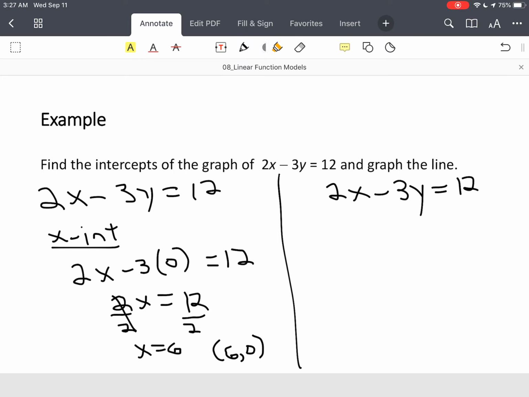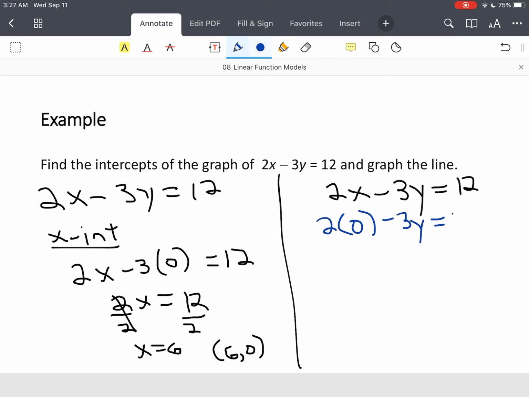Now we're going to find the y-intercept. By definition, to find y-intercepts, x is equal to 0. So we end up with 2 times 0 minus 3y equals 12. We substitute, and we end up with negative 3y equals 12.